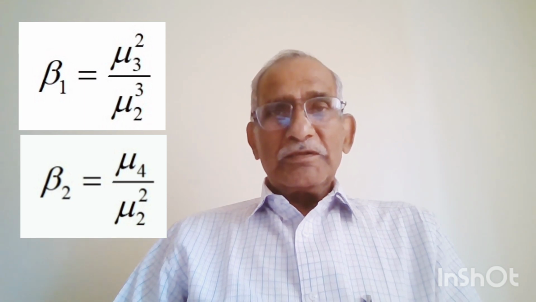Moments, all of us very well know, measure different characteristics of populations. For example, the first moment gives the mean of a population. It gives the measure of central tendency.